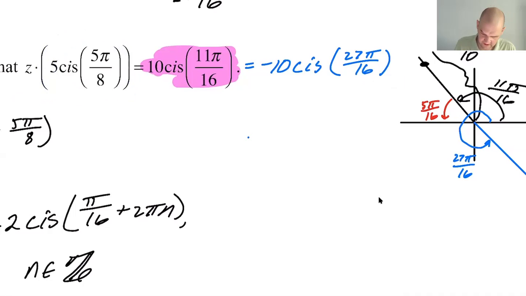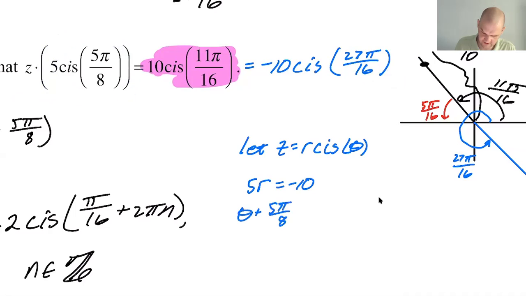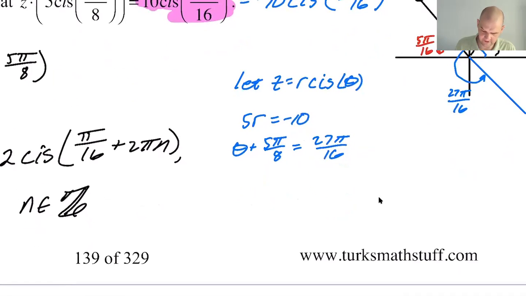So if I let, again, z be r cis theta, this time I would get 5r equals negative 10, and also theta plus 5 pi over 8 equals 27 pi over 16. So pretty different.